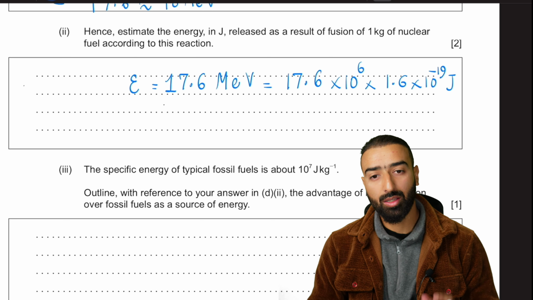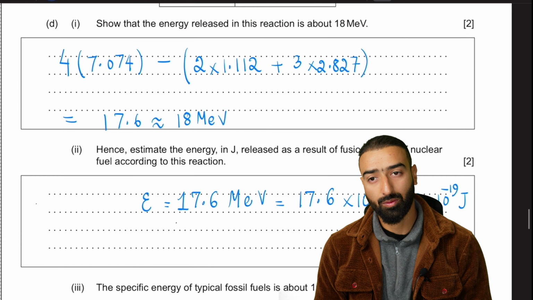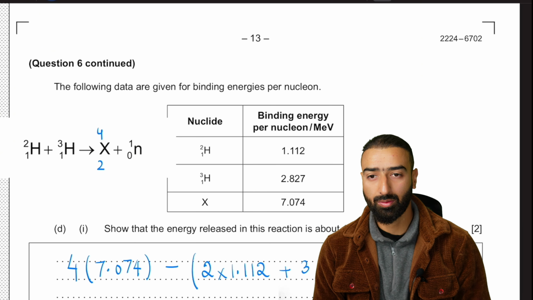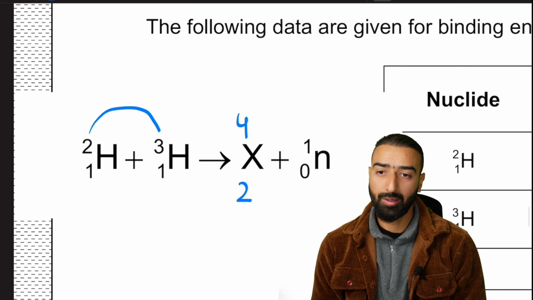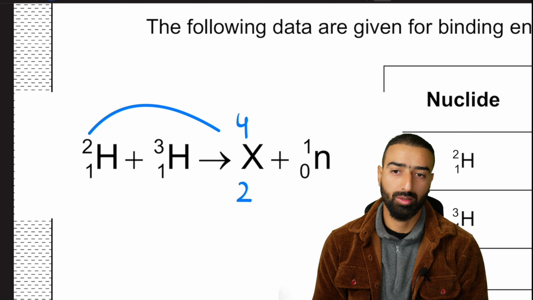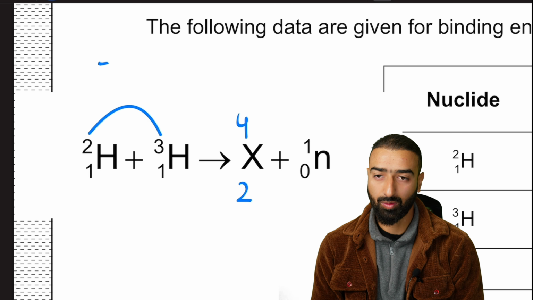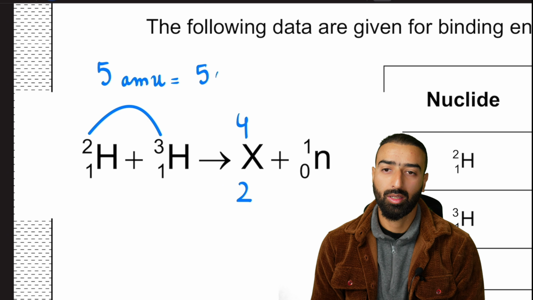But what's the mass of reactants required that gives us this amount of energy? To find that out, we go back to this reaction and we realize that we need about 5 nucleons, 5 nucleons to produce this reaction. That means a mass of about 5 atomic mass units, or simply 5 u.